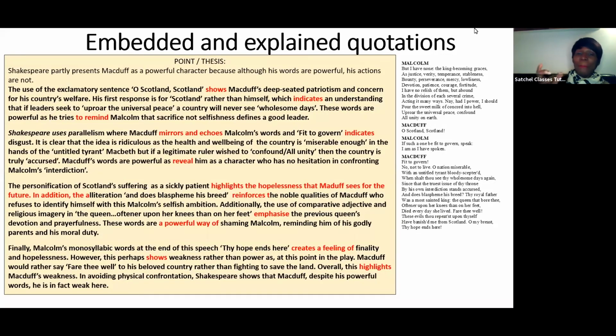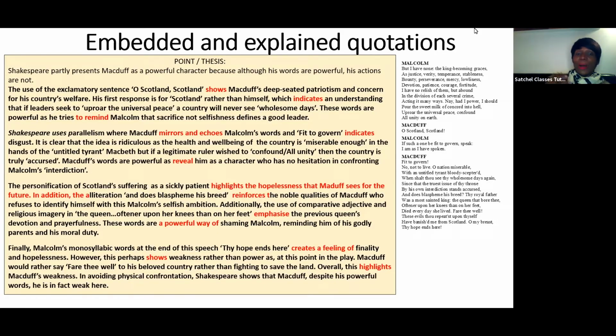So can you see how I've embedded those quotations there and I've explained it using words like show and indicate? I also have said his first response is for Scotland rather than himself, showing an understanding that if leaders seek to uproar peace, countries will never see wholesome days. So you can see how I've embedded those quotations. And then I'm explaining it.